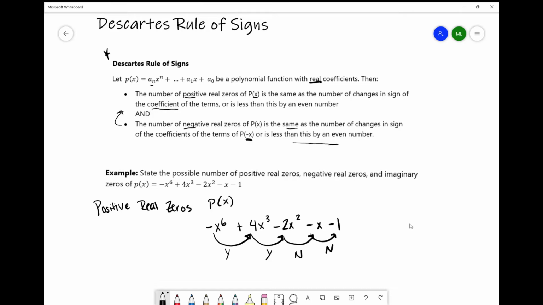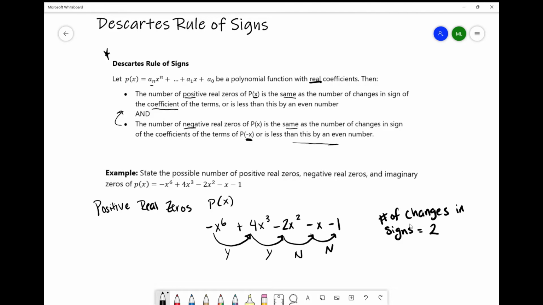Okay, so I have two changes in sign happening here. The number of changes in the signs is 2. But the Descartes rule of signs says that the number of positive real zeros is either the same as the number of changes, so 2, or less than that by an even number.